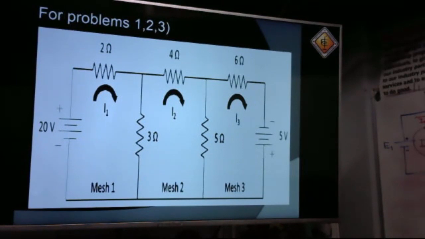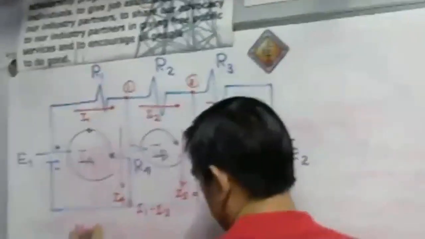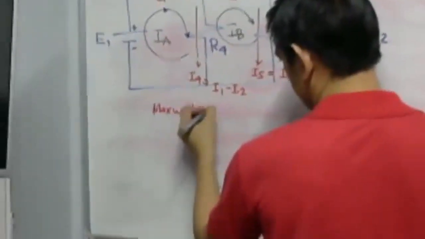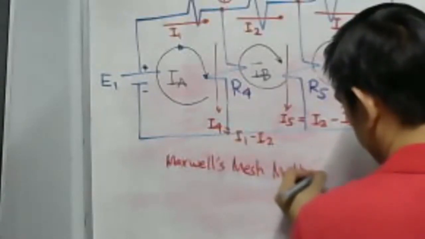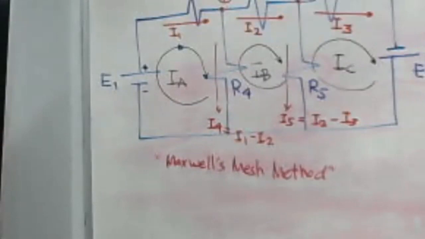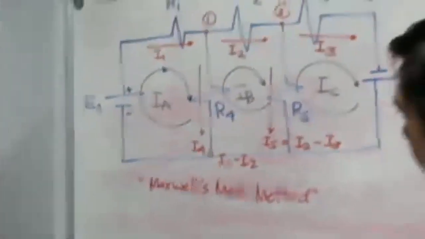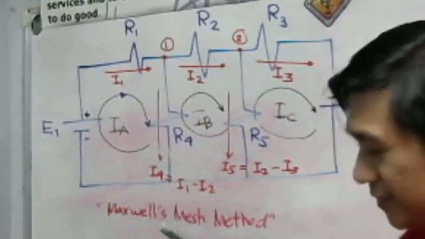Okay. Listen carefully. Please listen. This is now the Maxwell's mesh method, or what we call mesh analysis, introduced by Maxwell. So for loop number 1, we have to put first, of course, our given.